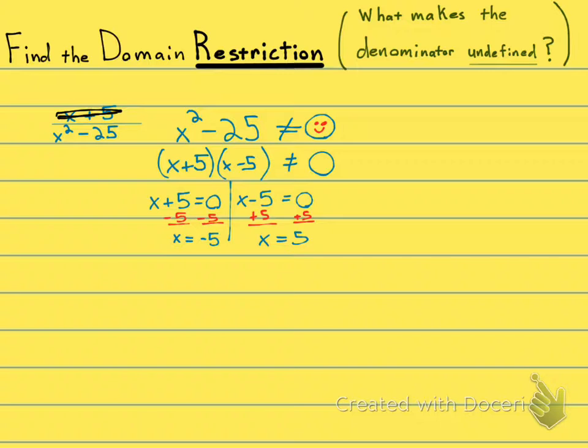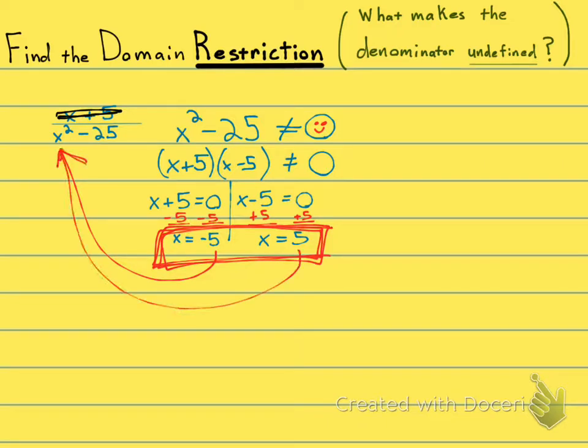These two numbers are the two numbers that, if I plug them into the original expression, will give me a 0 in the denominator. These are the two numbers that I cannot plug in because if I get a 0 in the denominator, it's undefined. I will be able to plug in any other number in the world into this rational expression except for negative 5 and positive 5.